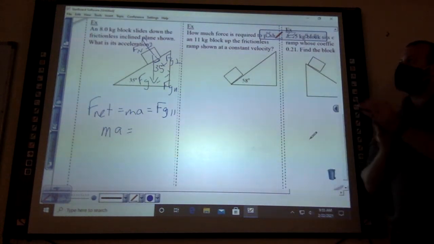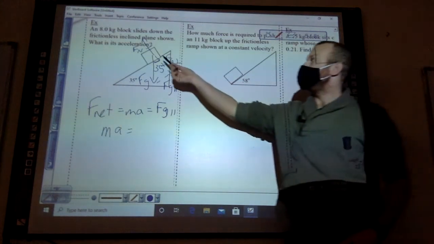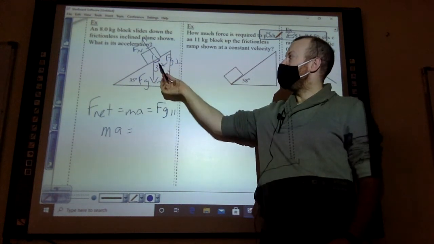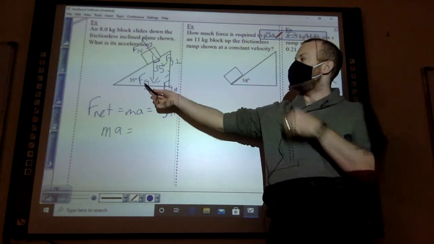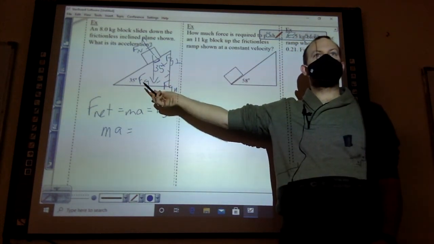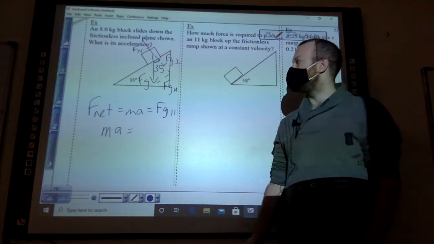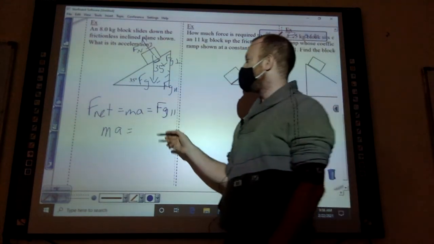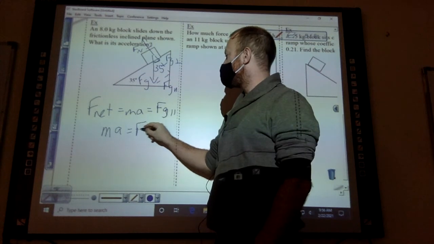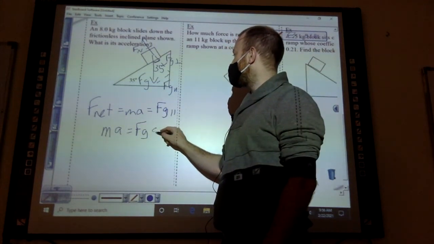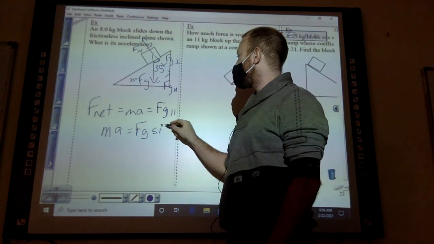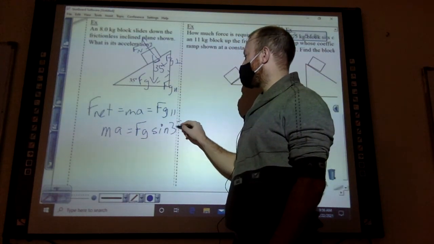Yeah, so from this, I've got a right triangle, like so. I've got the angle. I want the opposite side. Do I know what FG is? Yeah, mass times acceleration due to gravity. So if I write this out, I get Fg times sine 35.